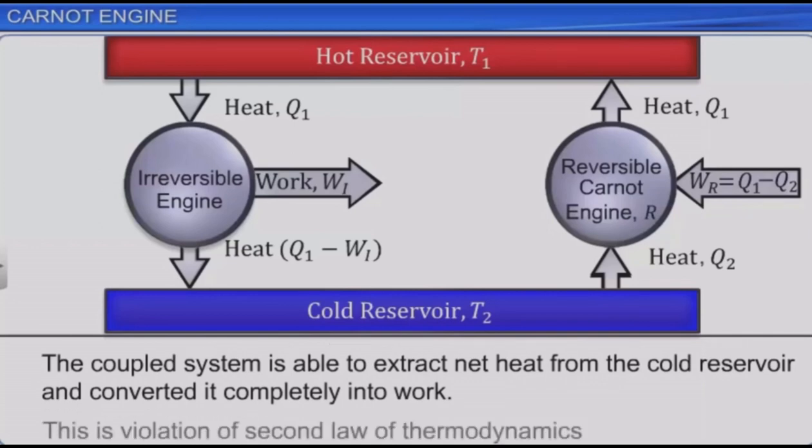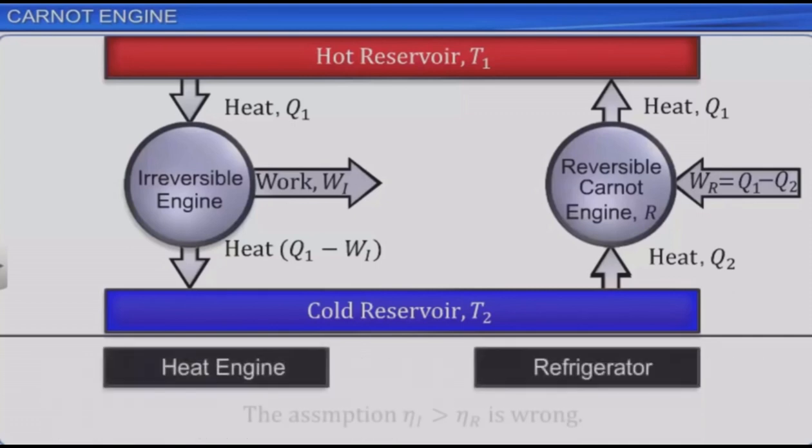This is a violation of the second law of thermodynamics. This means our earlier assumption that eta I is greater than eta R, or the irreversible engine is more efficient than the reversible Carnot engine, is wrong. This conclusion leads us to Carnot's theorem.